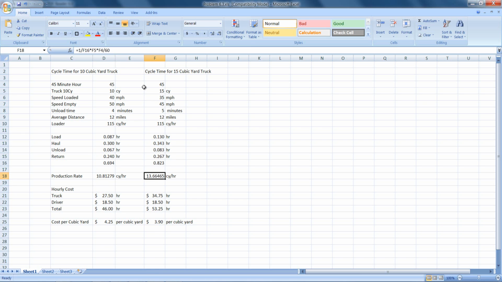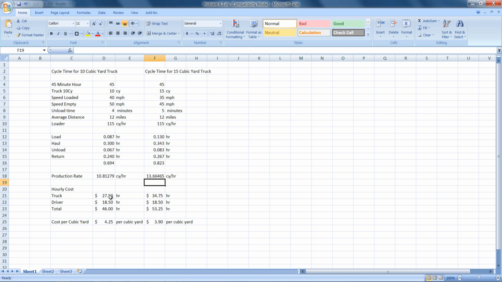In the same exercise over here, the variables just changed in terms of a larger 15 cubic yard truck. It's a little more productive, the cycle time's a little bit longer, but we have 15 cubic yards. So we're doing 13 cubic yards per hour here.